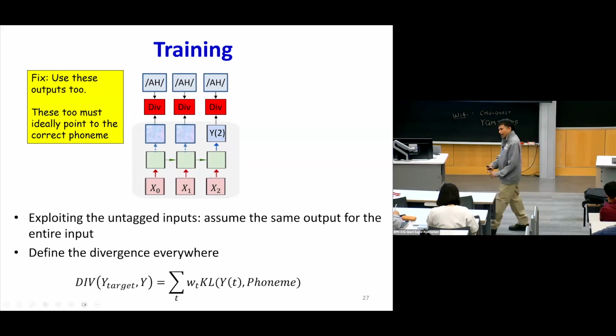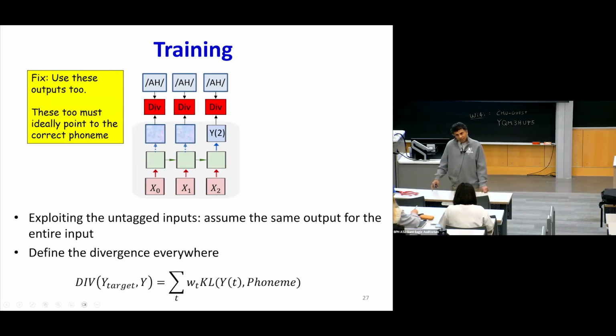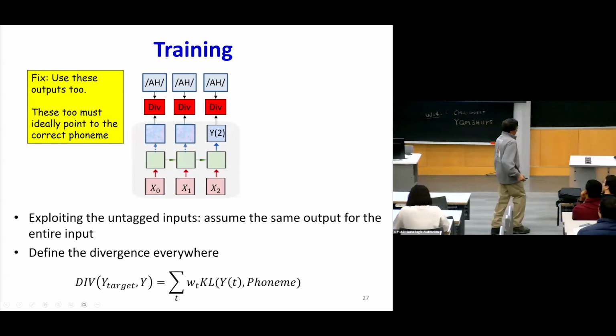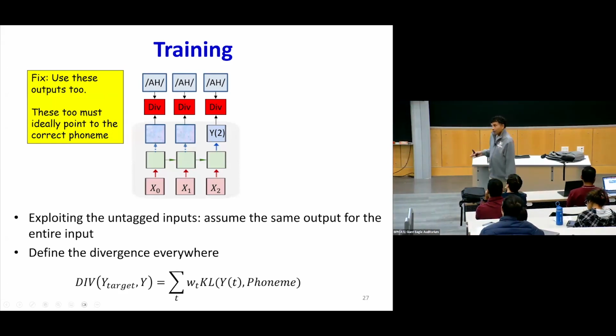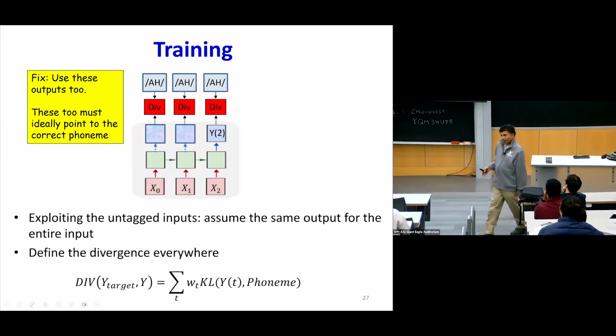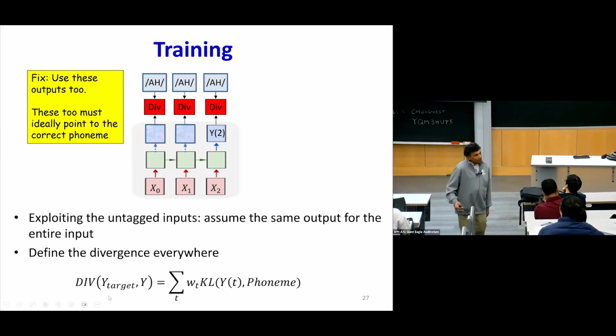Because although I'm taking my decision at the final input, whatever classification I've performed probably holds true through the rest of time. And so once I do this, I have this very simple, familiar setup again. Now I have a one-to-one correspondence, and I can compute the divergence at each time. And then I can say my total divergence is the accumulated divergence over all time.